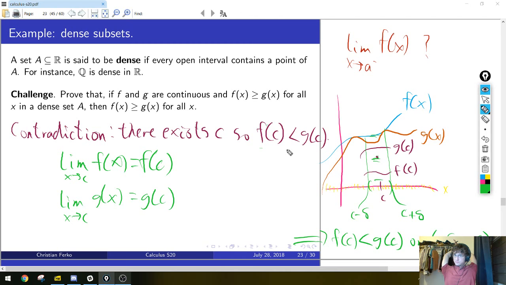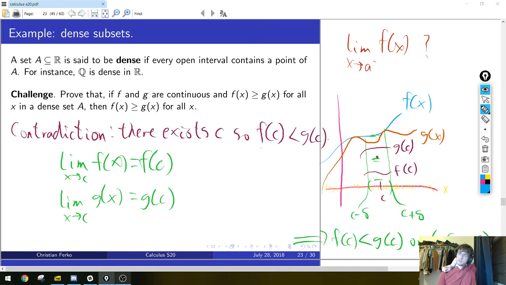So is it correct to say that since f of c is less than g of c on this set, then it is true for the entirety and therefore f of x is less than g of x? It's not true on the entirety, because this is only true on an interval, right? So we know f is less than g on an interval.